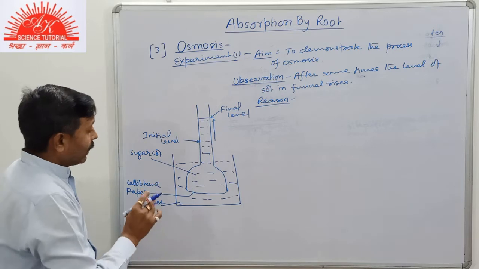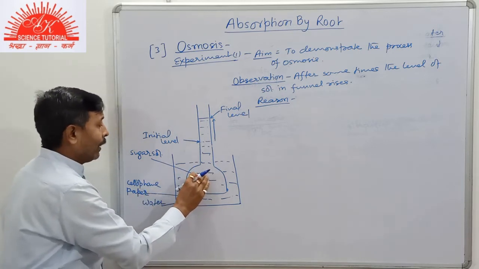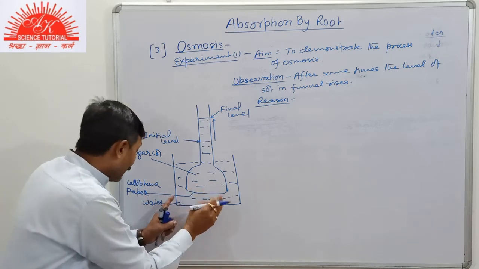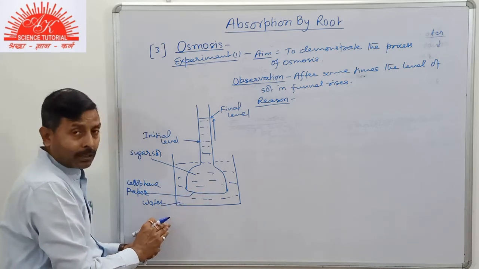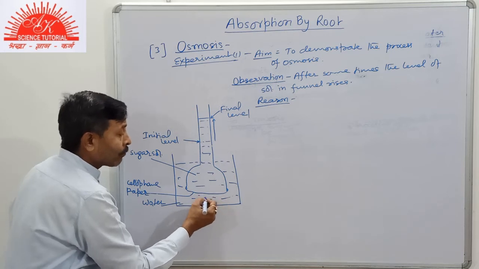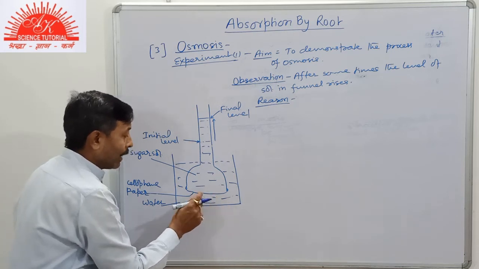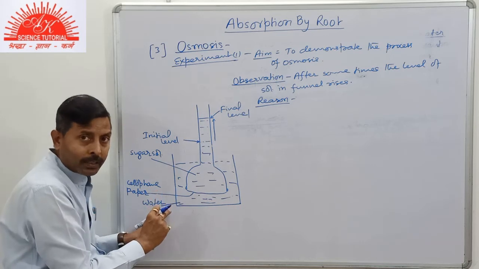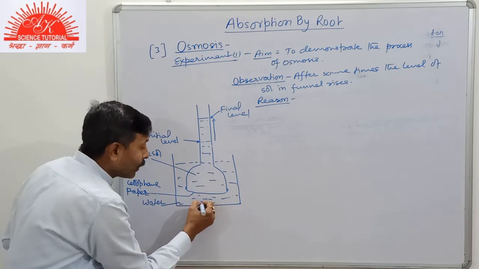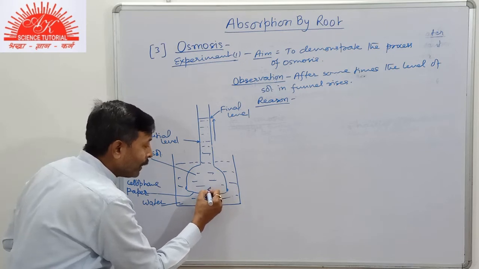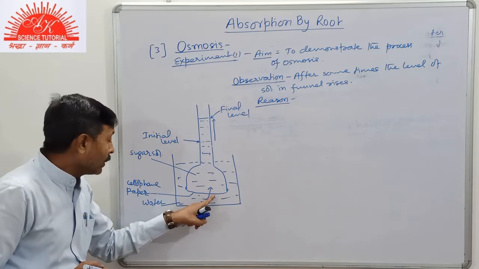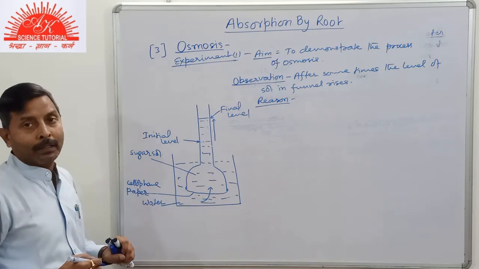Now we see that inside the funnel there is sugar solution that is more concentrated. In the beaker there is pure water, so this will be less concentrated. So the water from outside is in higher concentration than the sugar solution inside. So water from the beaker moves into the solution inside the funnel across this semi-permeable membrane.